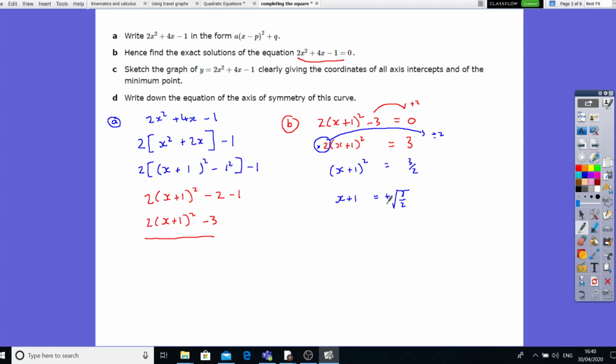Don't forget, whenever we square root it, we get a positive and a negative. And then I'm going to take the 1 to the other side, and I'm going to get x equals minus 1 plus or minus root 3 over root 2.